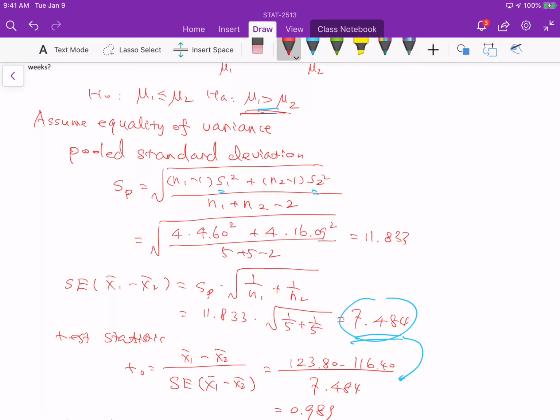Now, if we assume inequality of variances, the formula will be slightly different. Let me first erase all those calculations.